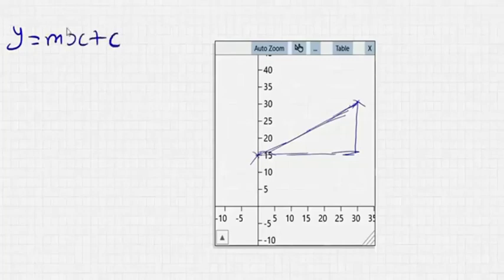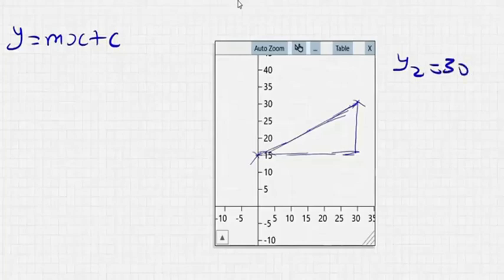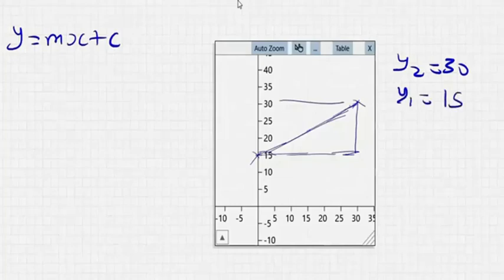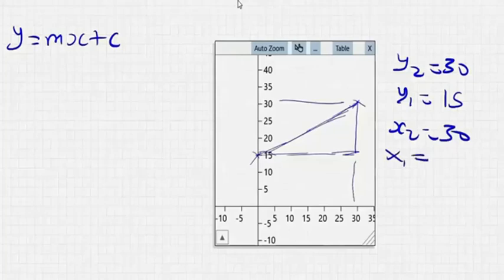Now from this graph we can deduce that our y2 is 30, and our y1 is what? 15. Whereas our x2 is 30.